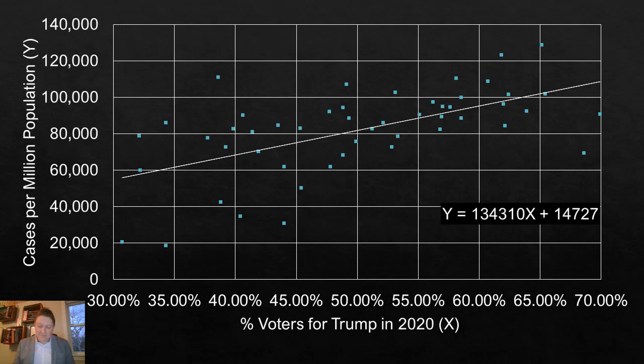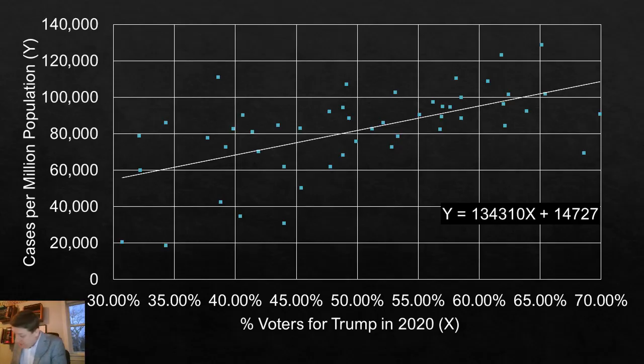And if we were able to go all the way up to 1, which is where 1 equals 100%, we could imagine that, looking at our slope, if x is 1, which is 100%, then the expected cases per million population would be 134,310 plus 14,727, which would be the no Trump state, which doesn't exist, but we can imagine it now.